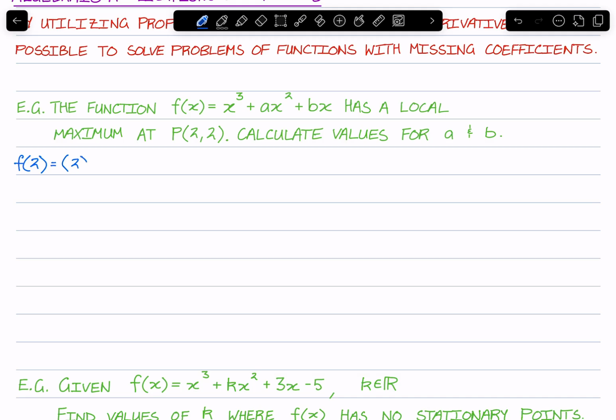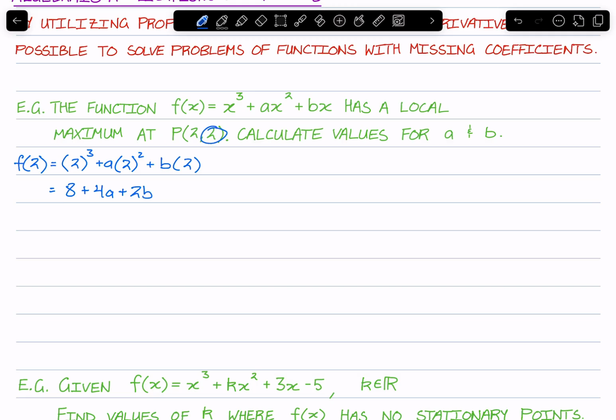So f of 2 means we're substituting this in. So we get 2 cubed plus a times 2 squared plus b times 2. Evaluating these, we get 8 plus 4a plus 2b.